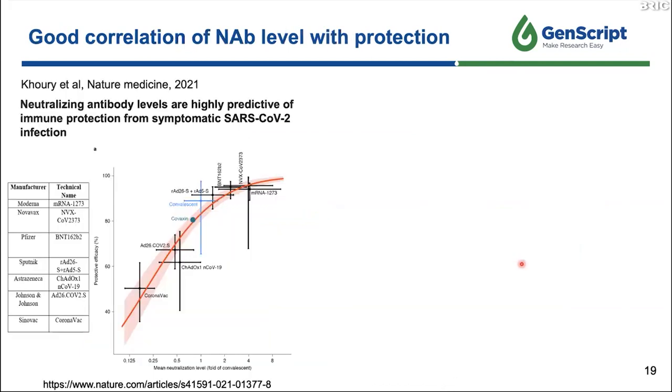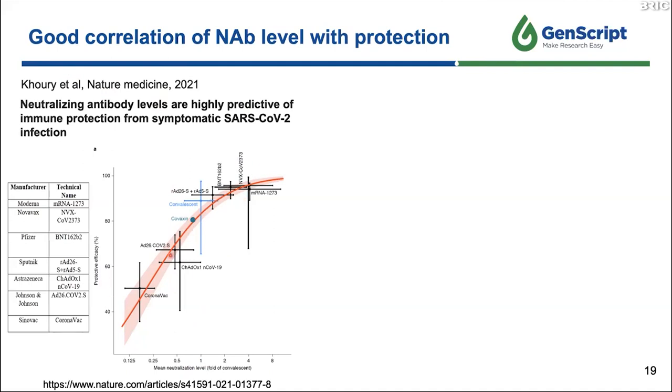Next, I'm going to share some key scientific publications showing that neutralizing antibody has very good correlation with protective immunity. In this publication in Nature Medicine last year, they analyzed the mean neutralization level of 7 commercially available vaccines against the protective efficacy observed in the real world.